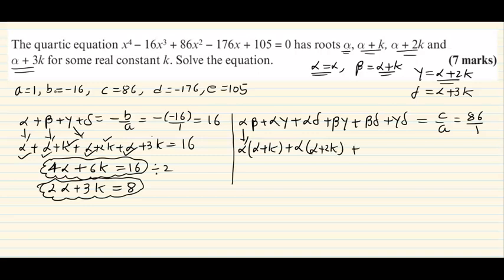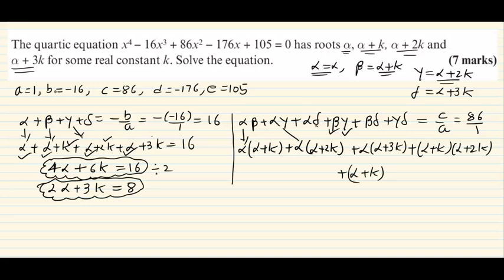Then alpha and delta is alpha plus 3k, plus beta, beta is alpha plus k. And then gamma, gamma is alpha plus 2k, plus beta, so beta is alpha plus k.